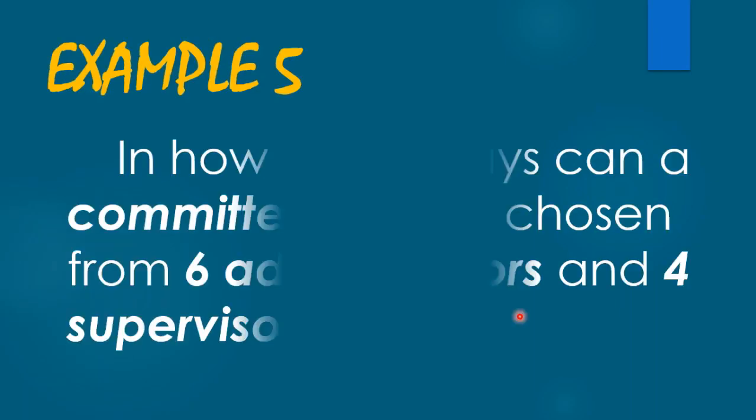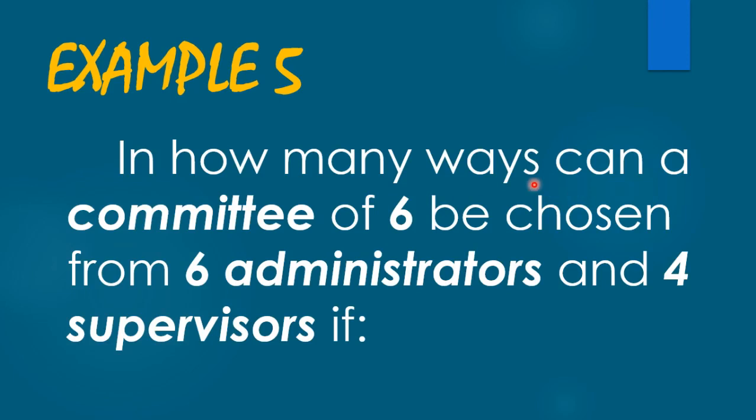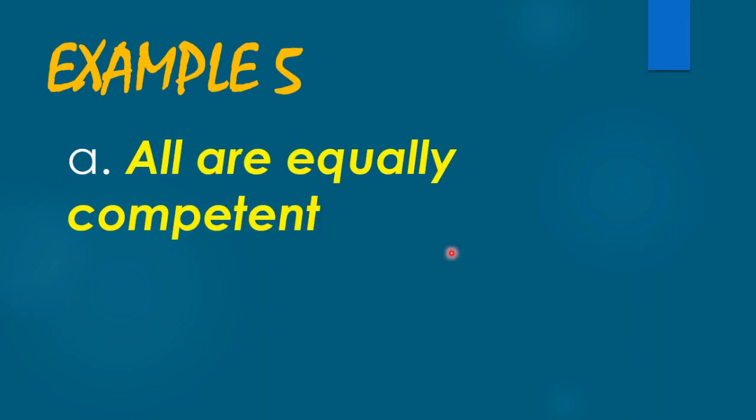Example number 5. In how many ways can a committee of 6 be chosen from 6 administrators and 4 supervisors if? So we have different conditions. Again, we have to select 6 out of 6 plus 4, so we have a total of 10. First condition, all are equally competent, so we disregard if they are administrators or supervisors.